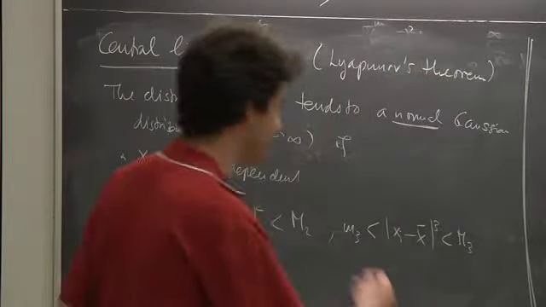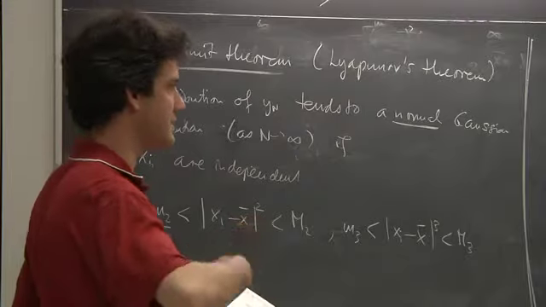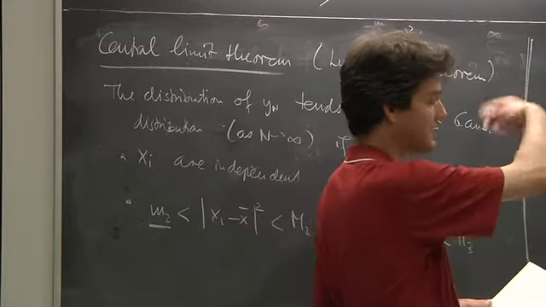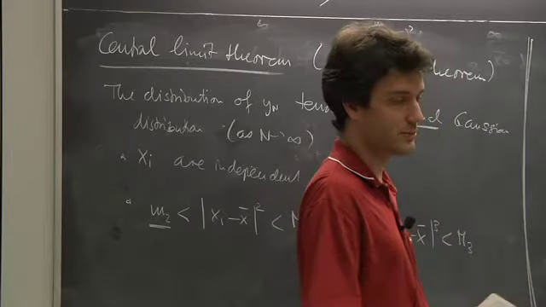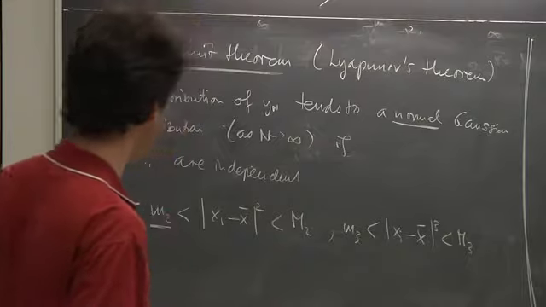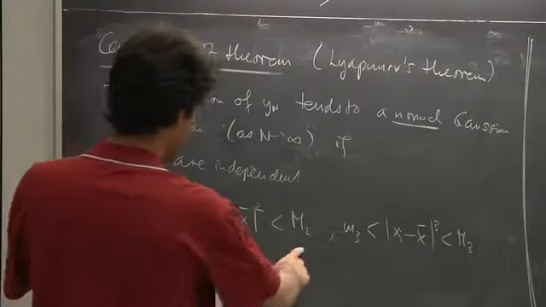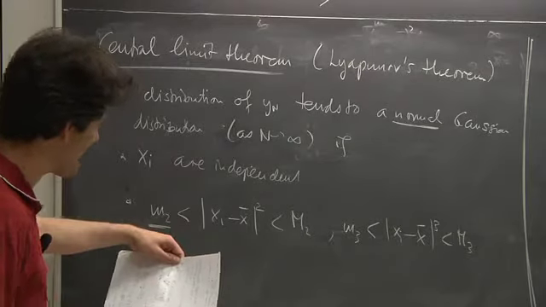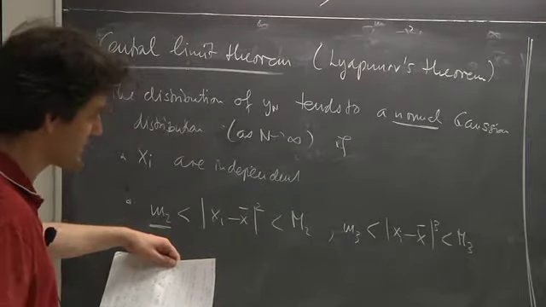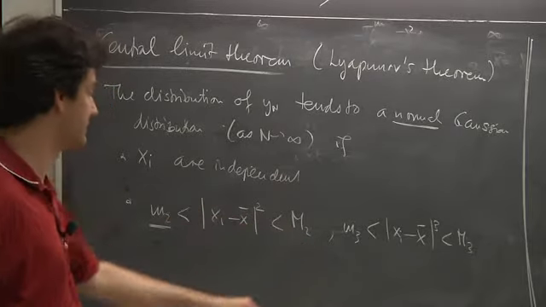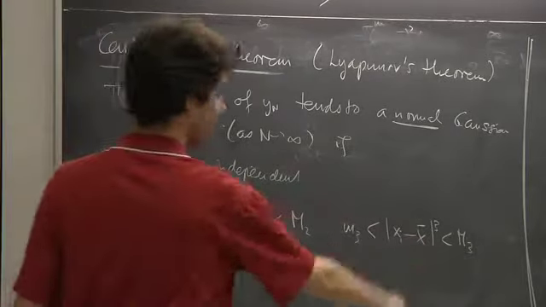Because if you have long tails, then it can be that a certain term in the sum is extremely large, and then that term will dominate everything, and that gives you deviations from Gaussians. Okay, that's why we need these two bounds. This one so that we add something substantial and not nothing, and this one in order to prevent rare events.